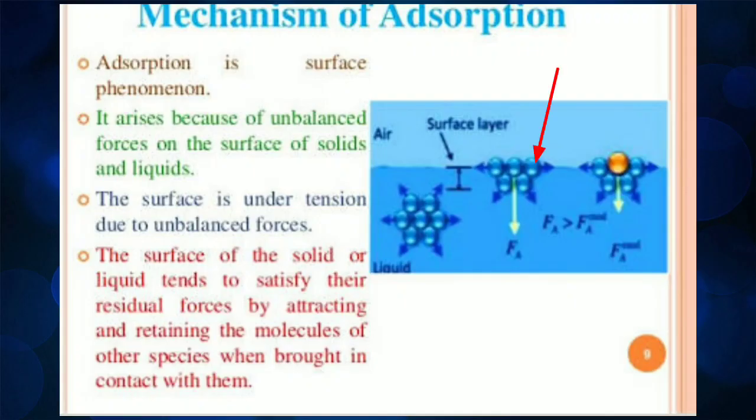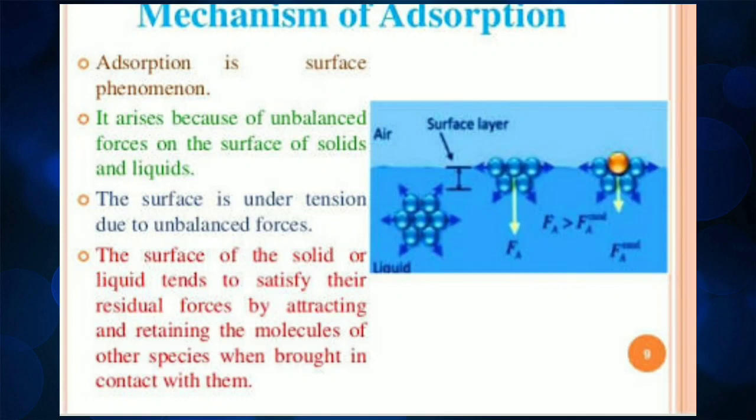Students, surface particles of the adsorbent are not in the same environment as the particles inside the bulk, because on the surface the particles are not surrounded by atoms or molecules of their kind on all sides, so they possess unbalanced attractive forces responsible for attracting the adsorbate particles on the surface. And one most important thing, during adsorption there is a decrease in surface energy which appears as heat, so it is an exothermic process.